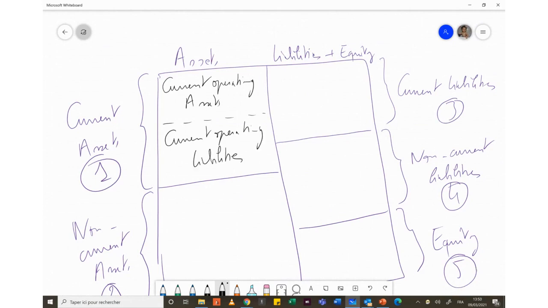In the current liabilities, we can separate the current operating liabilities from the current, sorry, hold on, I made a mistake here. Here I want to say current financial assets. And here current financial liabilities.